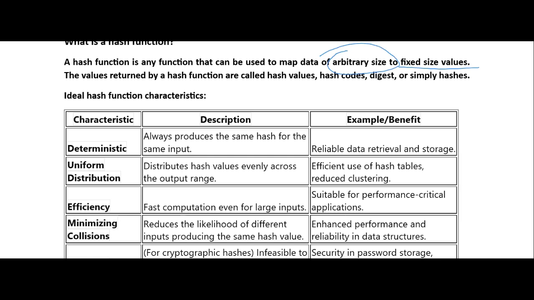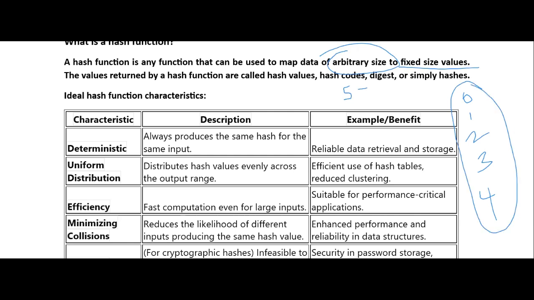Say, for example, the array size is 5. What indexes do we have? I'll have indexes 0, 1, 2, 3, and 4. These are the only indexes available. Because 5 is the size of the array, we need to compute the hash function in such a way that whatever value it gives is within this range: 0, 1, 2, 3, and 4.